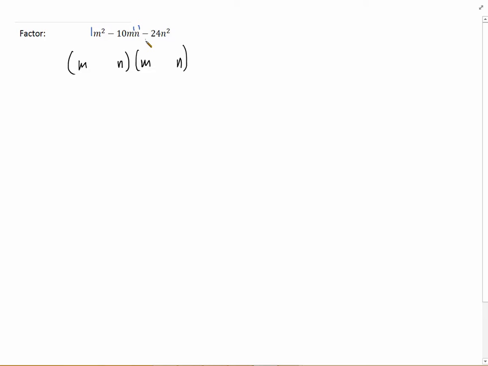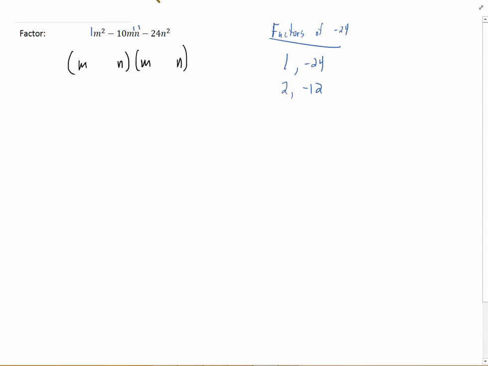We just need to look at the factors of negative 24. So let's consider the factors of negative 24. We could have 1 and negative 24. We could have 2 and negative 12.